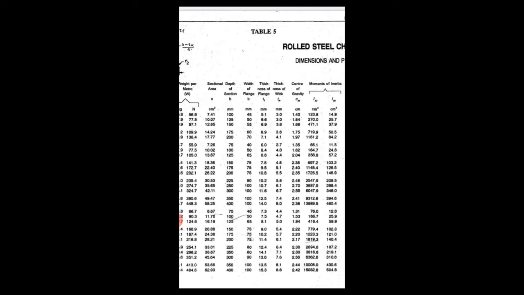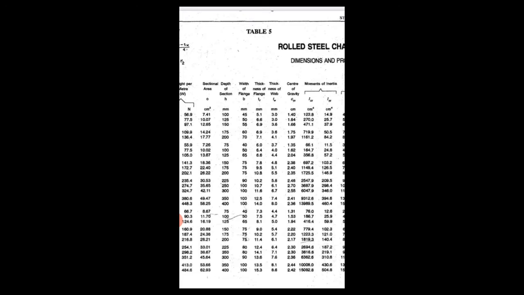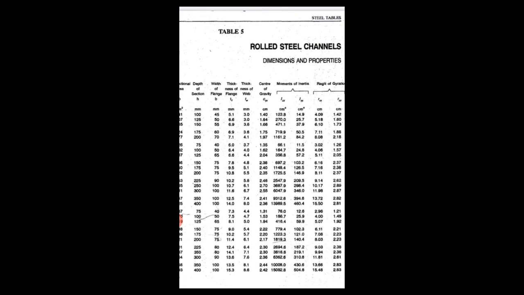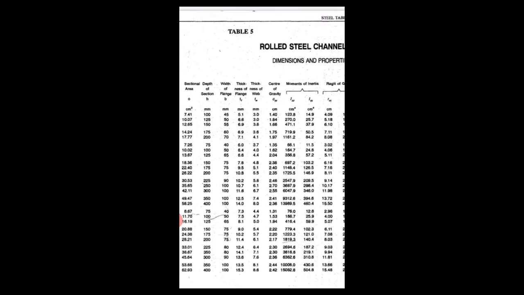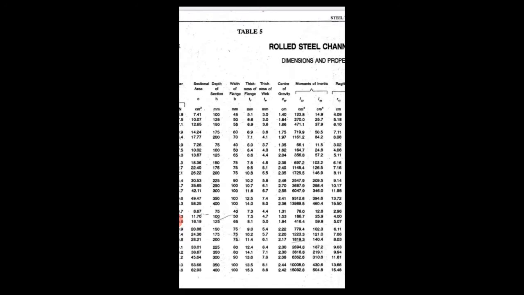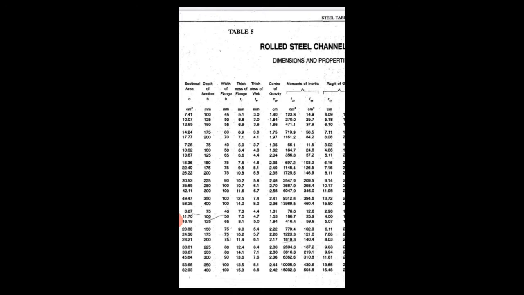First property, IXX, also known as IZZ, the moment of inertia for ISLC 350. The value is 9312.6 centimeter raised to 4.